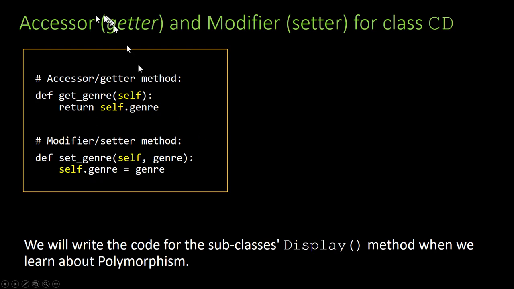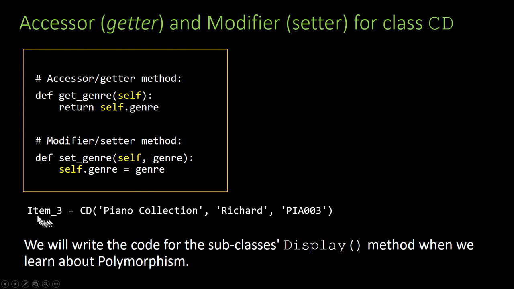Then we have the accessor and the modifier for the subclass CD, to get the genre and also to modify the genre. Whenever you modify the genre, you must provide the genre that you want it to be replaced with. So, for example, for our item3, when it's first created, the genre is left empty.